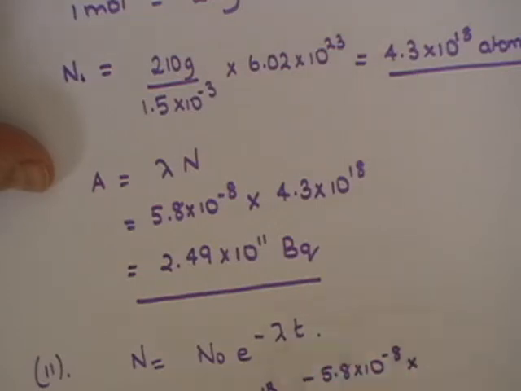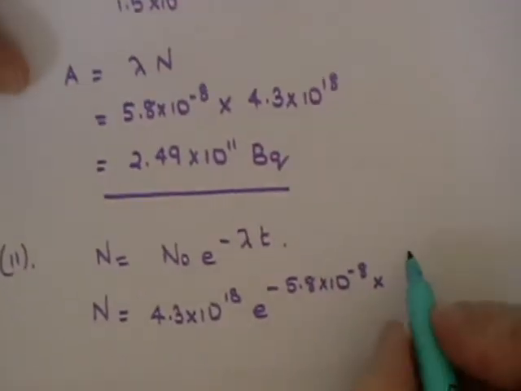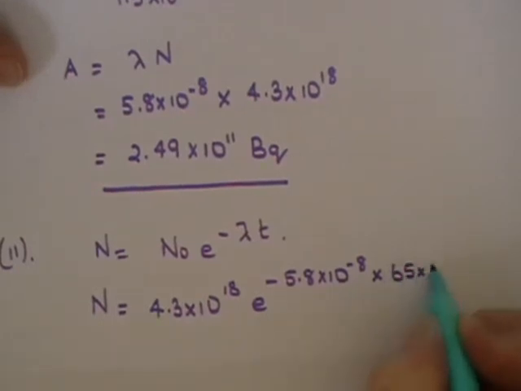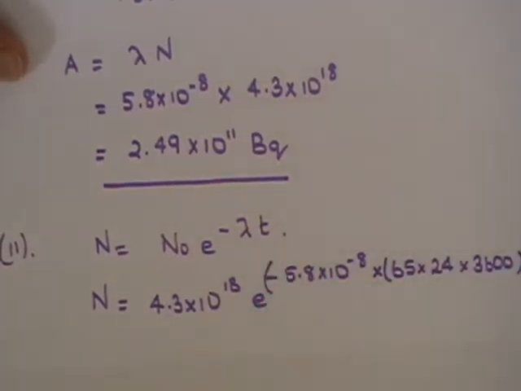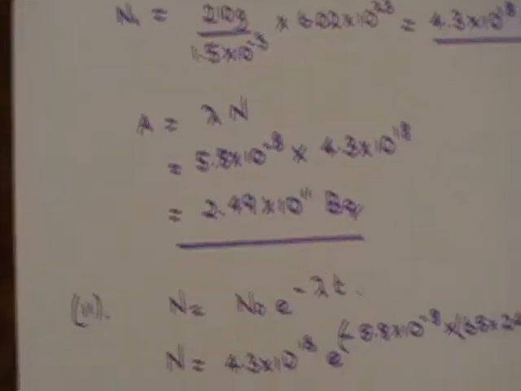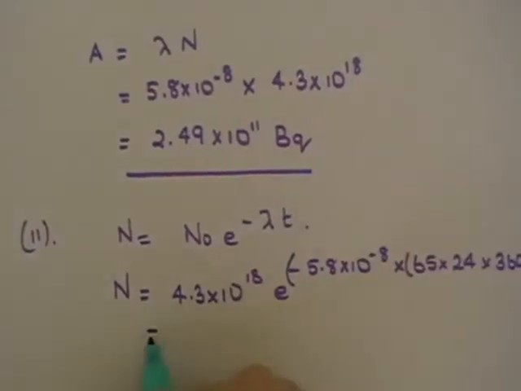And we have to change our time of 65 days into seconds. And so therefore that's 65 times 24 hours times 3,600 seconds in an hour. So that's a big calculation you have to do there. And when you do that, your answer comes out to be 3.1 by 10 to the 18 atoms.